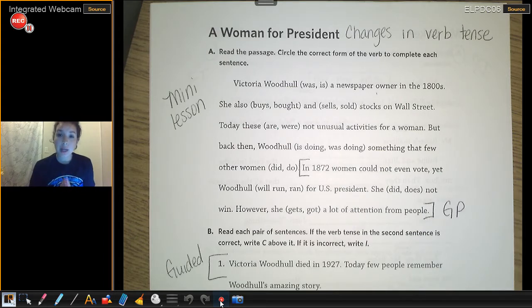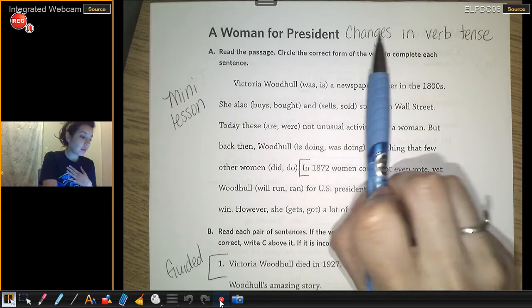Now, when we are writing with verb tenses, it's very important to use the correct tense depending on what you are trying to tell the reader and when the action is happening in your story or in your writing piece. So today we're going to talk about how sometimes when we're writing, not every sentence is going to be in the same verb tense.